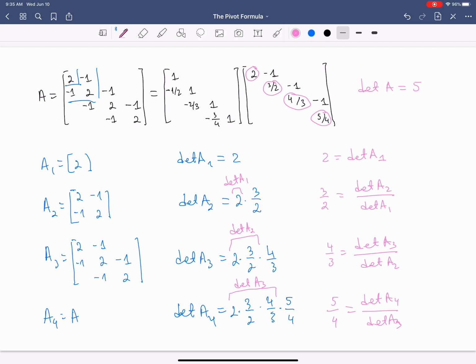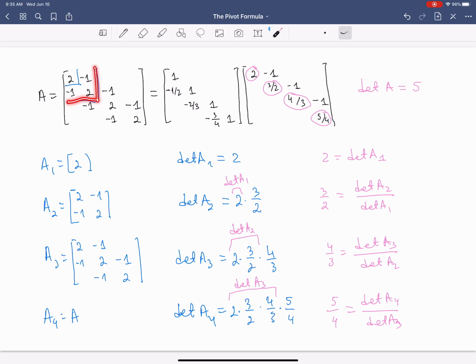And from here you can actually see that we don't need row exchanges if all the upper left determinants are non-zero. So if you find an upper left determinant that's 0, for example, imagine you had a 0 here, then that determinant would be 0. That tells you that you need a row exchange.